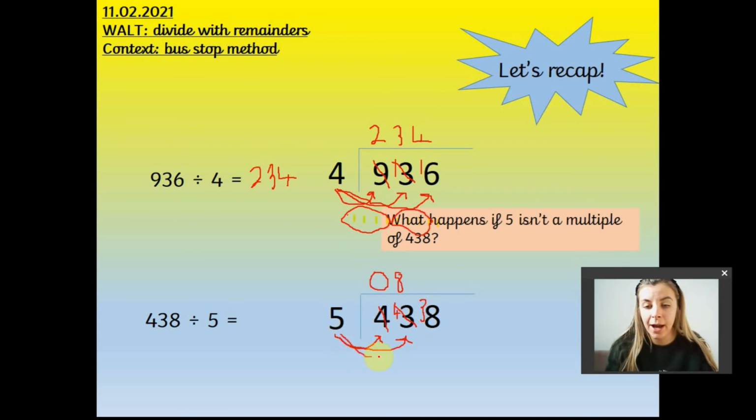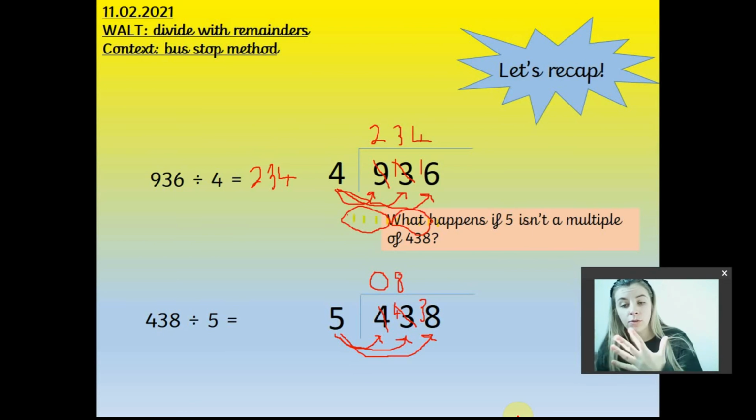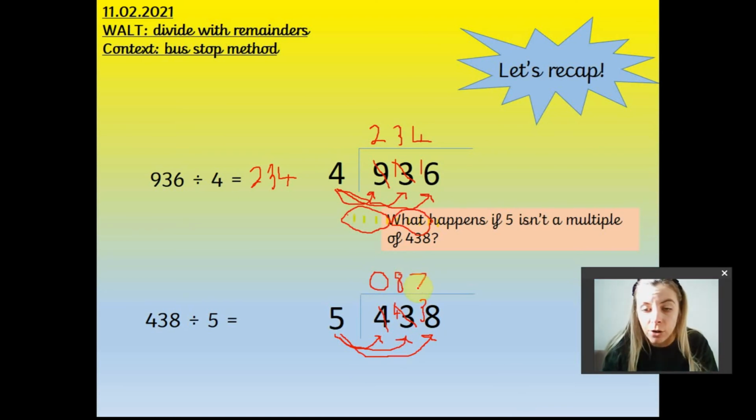Now we work out how many 5s go into 38. So let's do 5, 10, 15, 20, 25, 30, 35. Okay, so 35 is the closest I can get to 38. I can't go to 40 because that's bigger. So that means I can have 7 5s, but I've got a remainder.